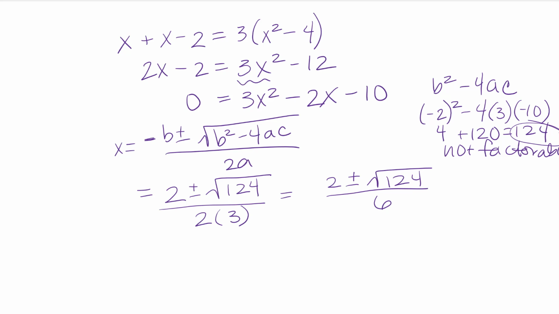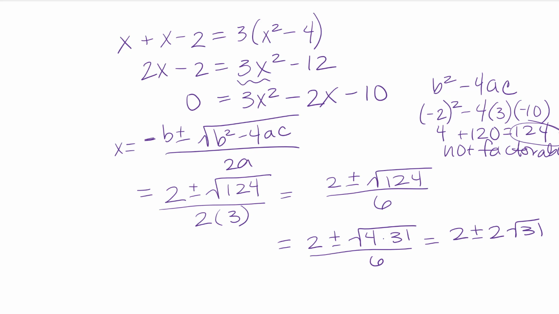So this 124 does reduce into factors where one of the factors is a perfect square. So if you factor that, you end up getting 4 times 31. Square root of 4 is 2, so 2 comes out, leaving 31 underneath the radical.